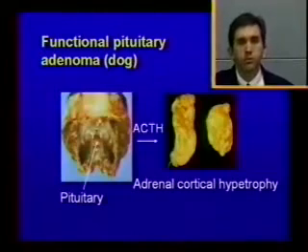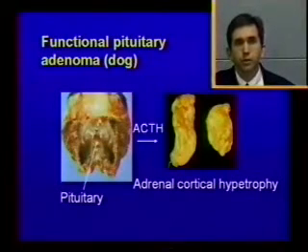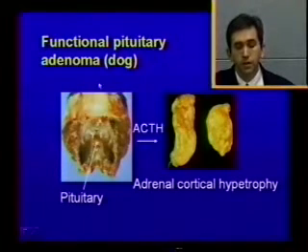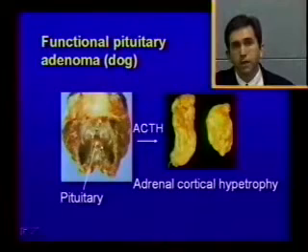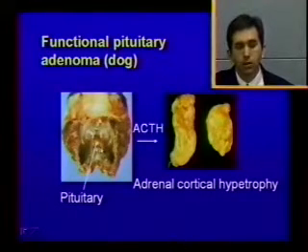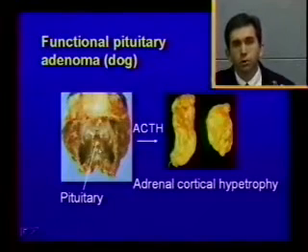And this is a photograph showing a functional pituitary adenoma causing Cushing's disease in a dog. This is the skull of a dog that has been opened and the brain has been removed, and I'm drawing a circle around the pituitary gland. Notice how large it is and how it expands toward the screen.